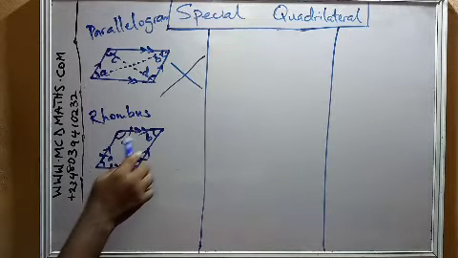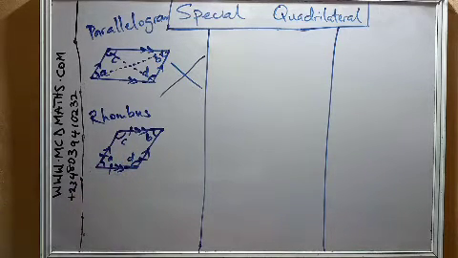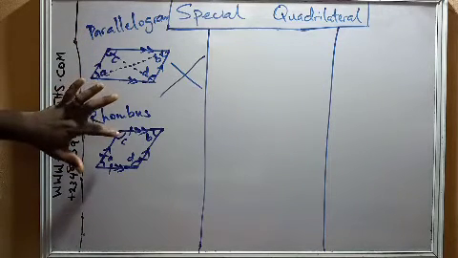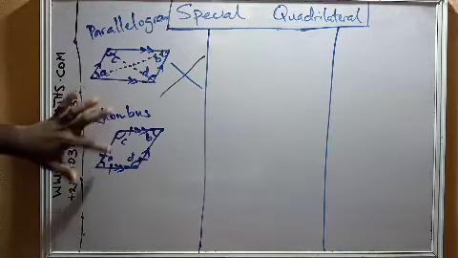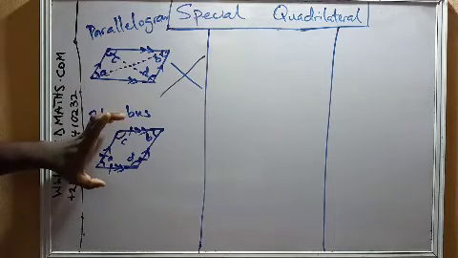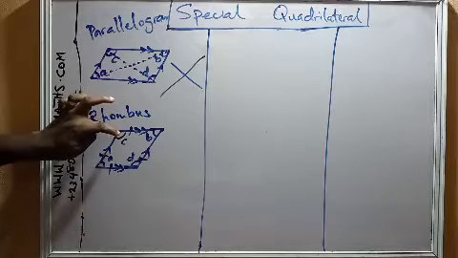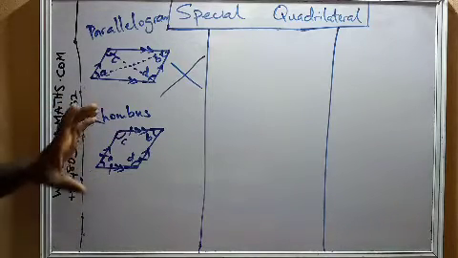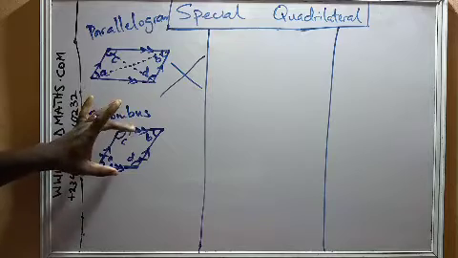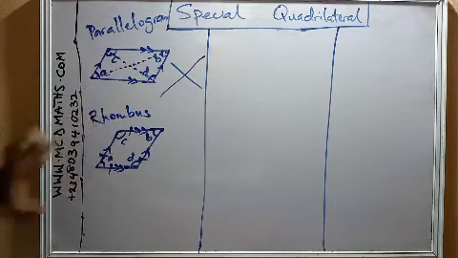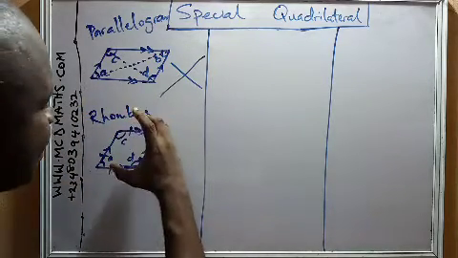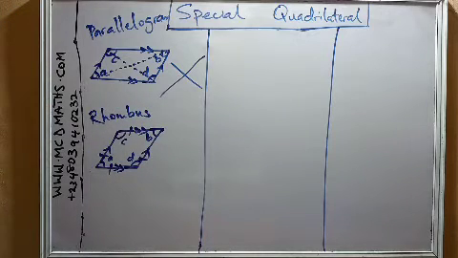Also, just like the parallelogram, the sum of the two forms a C angle like this. So A plus C will give you 180, since these are parallel lines. Also, B plus D, the interior angle facing the other direction, will give you 180 degrees.